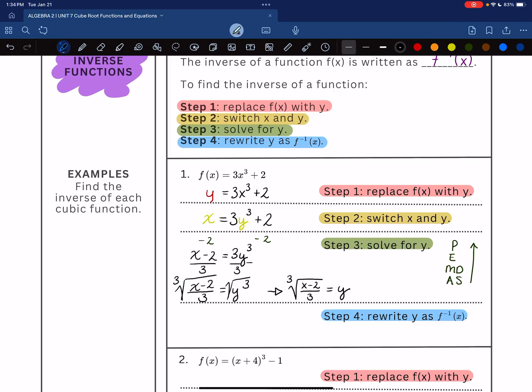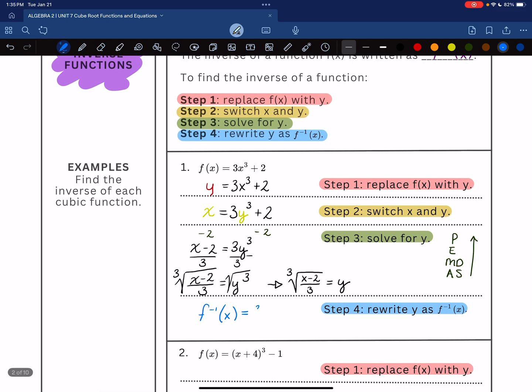Our final step is to go ahead and in place of y, rewrite this using that inverse function notation. So that's to say f inverse of x is equal to the cube root of x minus 2 all over 3. That is the inverse function of our given function f of x. We started with a cubic function, and its inverse was a cube root.